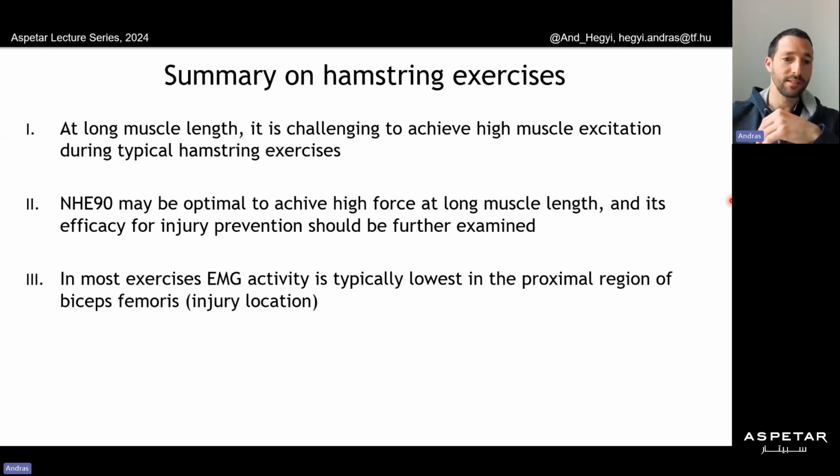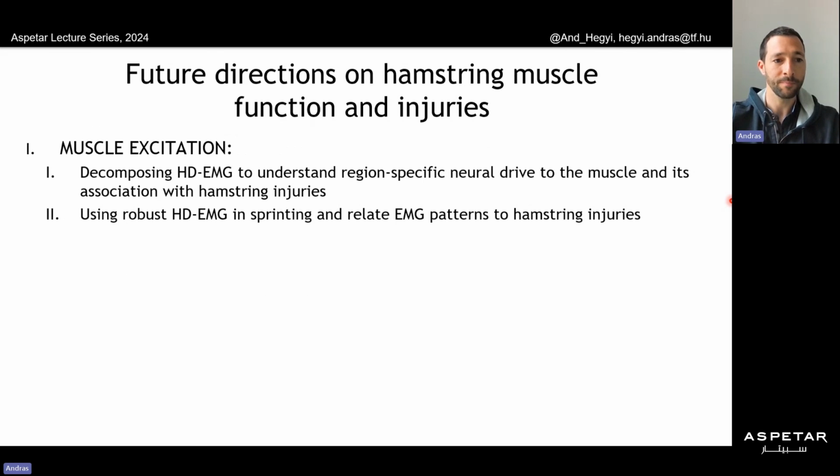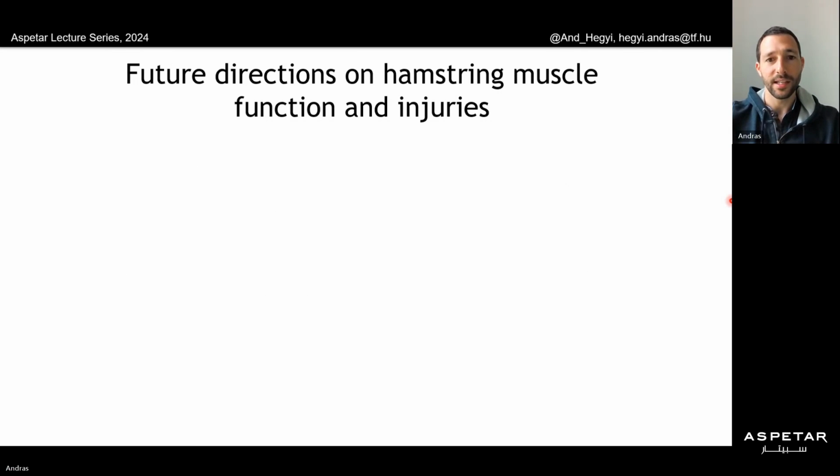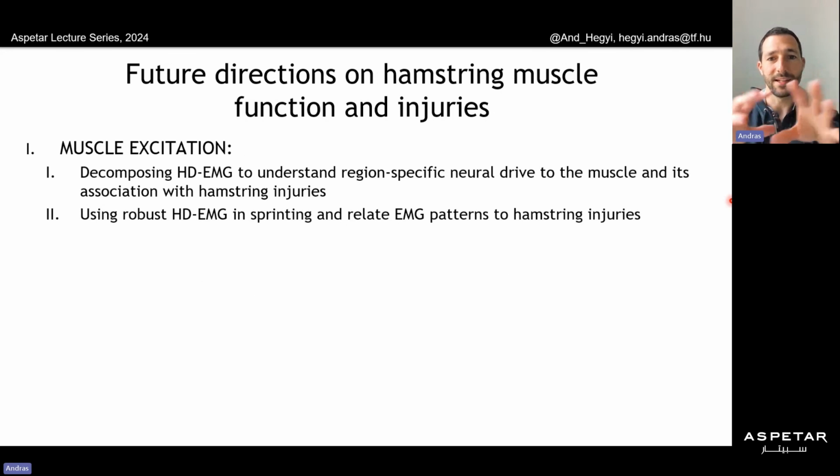In most exercises, EMG activity is typically lowest in the proximal region of the biceps femoris, and this is where most hamstring injuries seem to occur. And I just want to finish with some of the future directions where we try to go using these new methodologies.